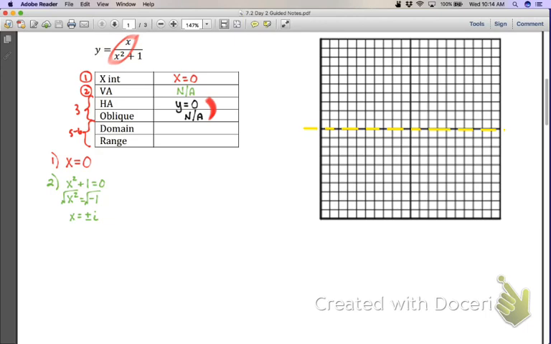So since there is not a vertical asymptote, what's my domain going to be? Where's it going to go from? Negative infinity to where? Positive infinity, because there's no restriction as far as my x value.